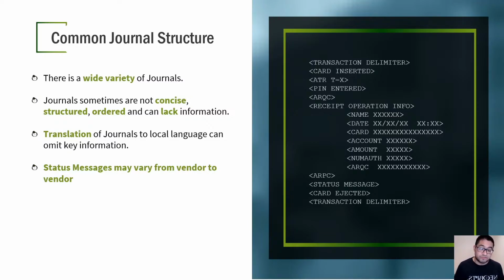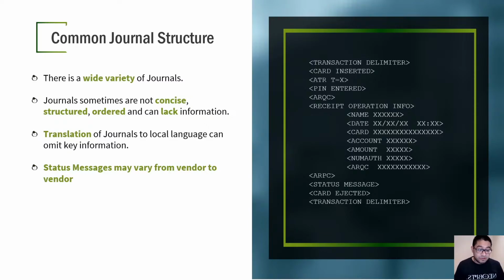Also, a common problem that I have seen in the journals is when they try to translate the journal. For example, in Mexico, you can find the printed information in the receipt in Spanish, but in the United States, you will find it in English, and in China, in Chinese.